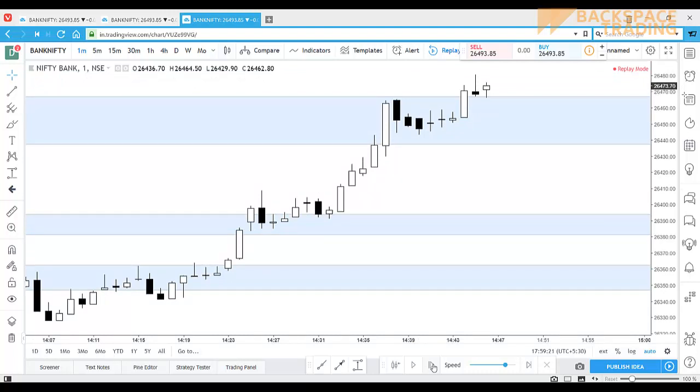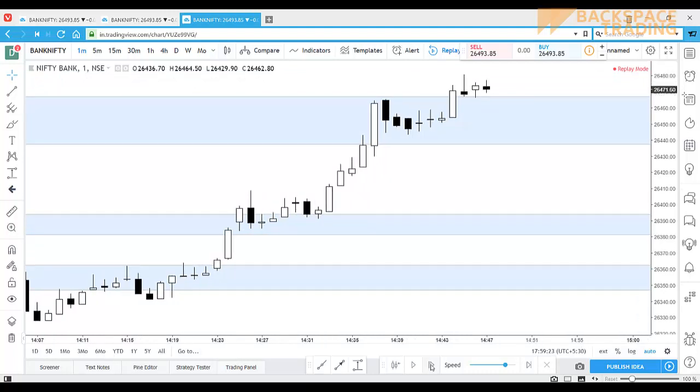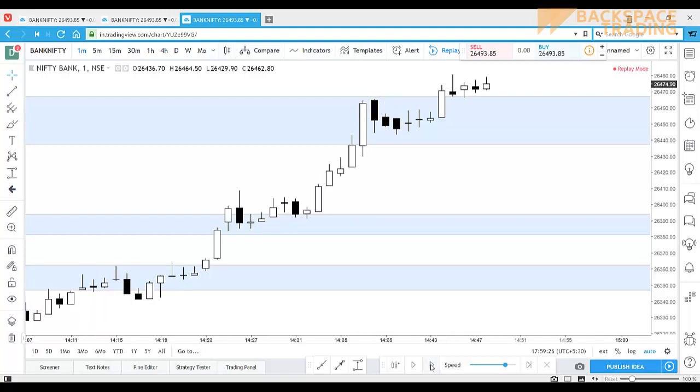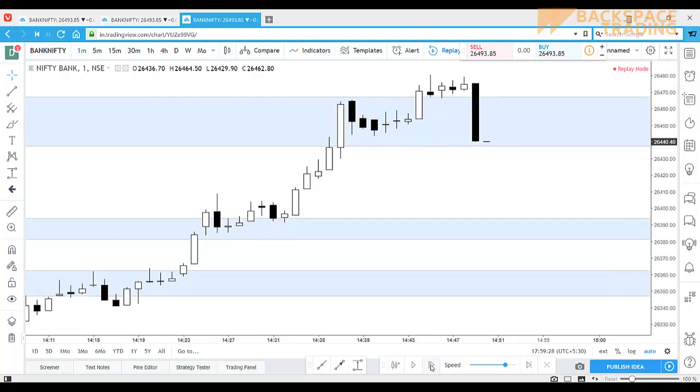Wow, another breakout. I never would have expected that. Okay, see that? It's a breakout failure over here. People entered over here, got squashed over here.